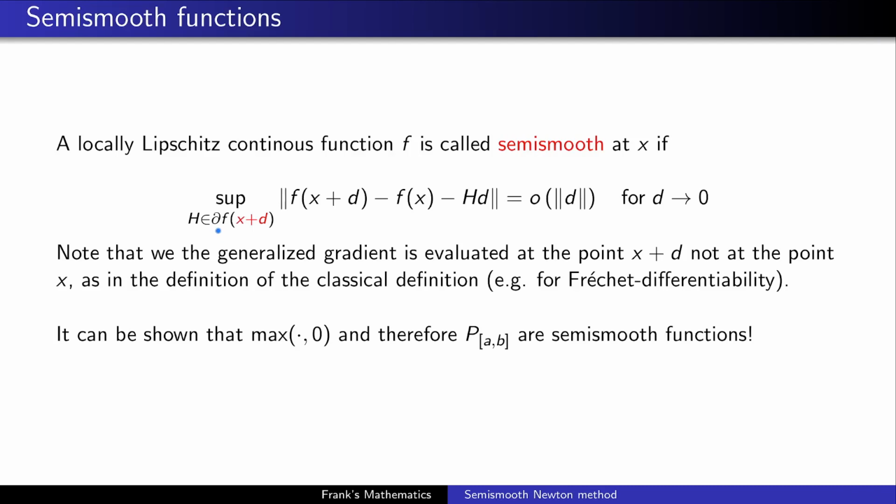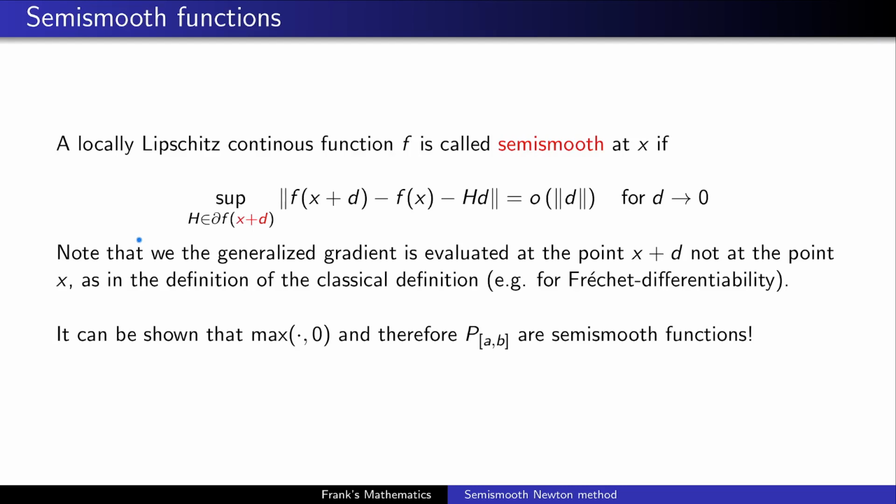And even more, we do not compute the generalized gradient of f at the point x, but rather at the shifted point x plus d. Keep in mind that d goes to 0. If you are familiar with Newton differentiability, there you use the same trick. And this trick is very helpful if you want to prove convergence or something like this.